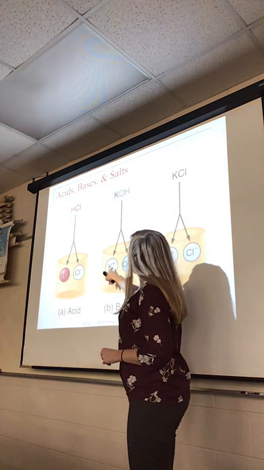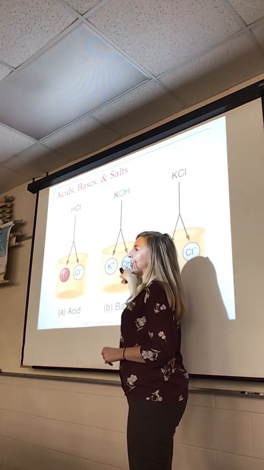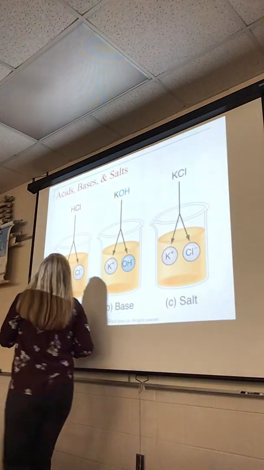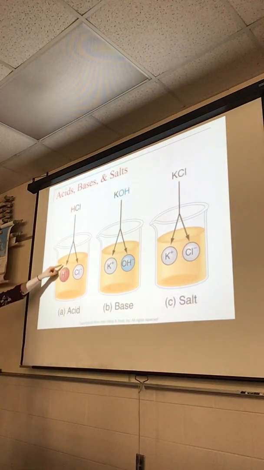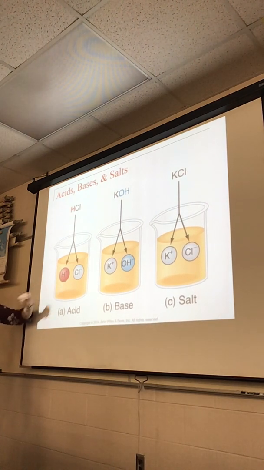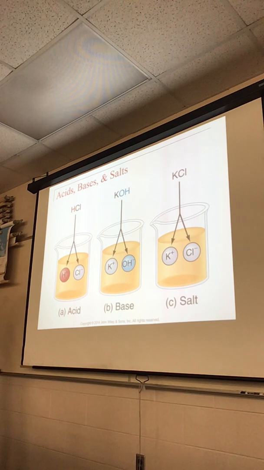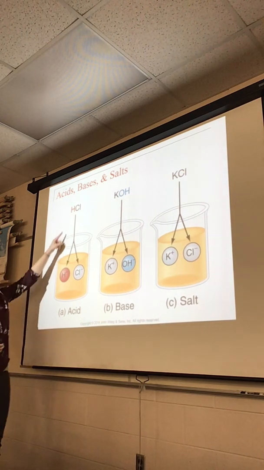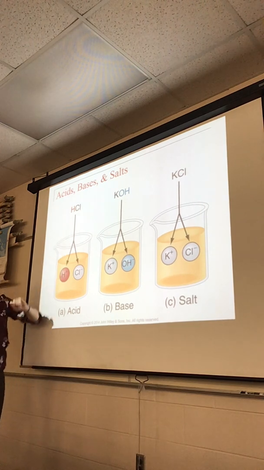Whenever something dissociates into an OH ion, an OH anion, or into an H cation, a hydrogen cation, they are considered acids and bases, and they are very important. So, for instance, this is called hydrochloric acid.